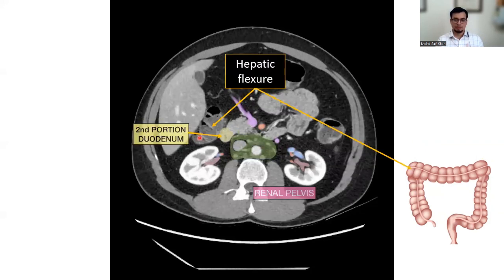And this is your hepatic flexure, which is the right bend of the colon, and which is related superiorly to the liver, posteriorly to the right kidney, and medially to the descending part of the duodenum. So this is the descending part, the second part of the duodenum, D2.